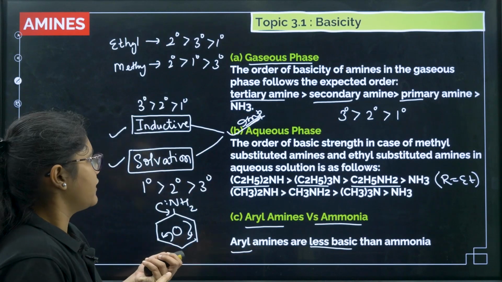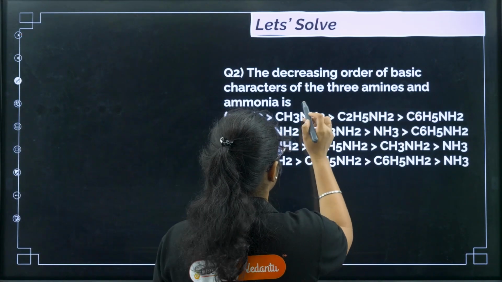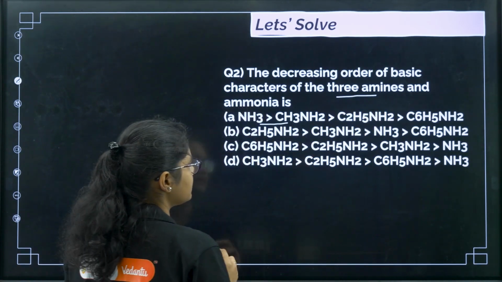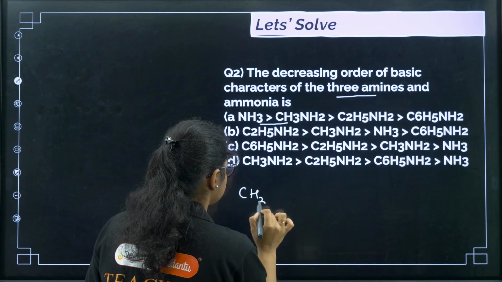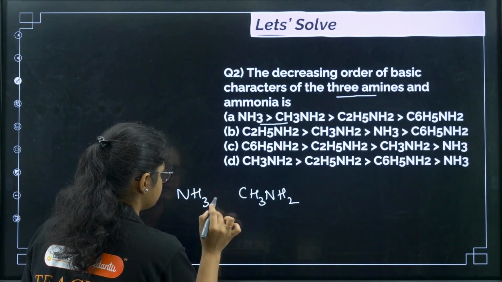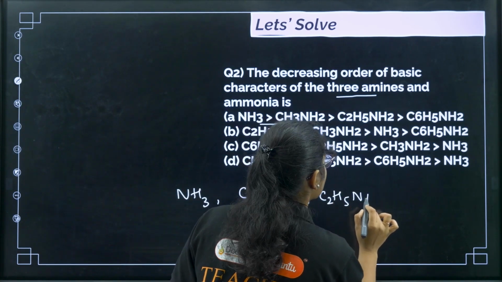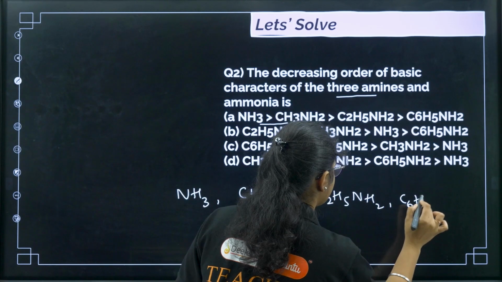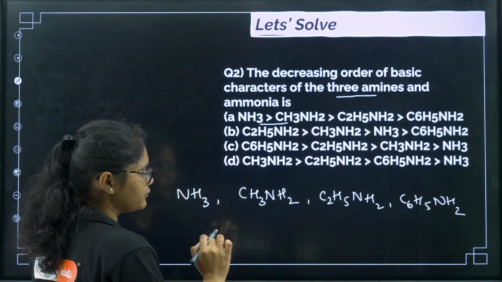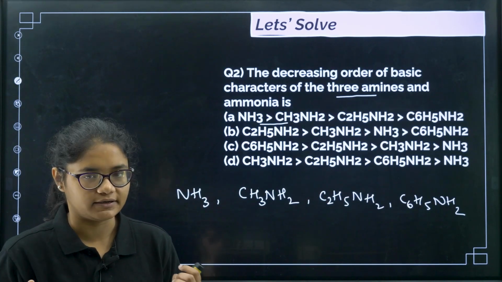Okay, fine. Next, coming to one question here: the decreasing order of basic character of the 3 amines and the ammonia. Let me first write down all the 4 compounds: NH3, CH3NH2, C2H5NH2 and C6H5NH2. Now, ammonia will be less basic than primary or secondary amines, right?